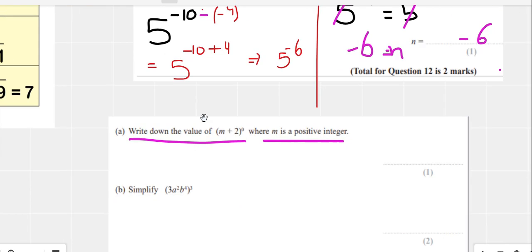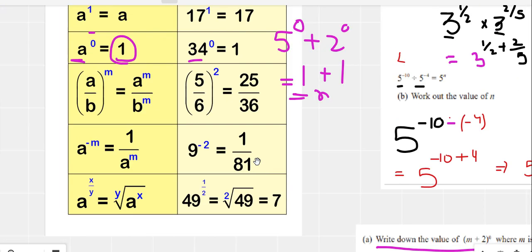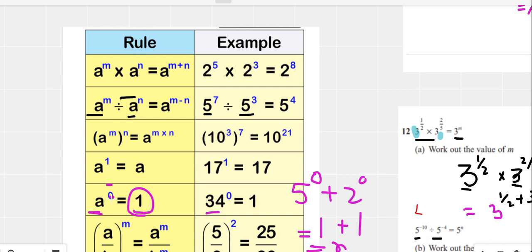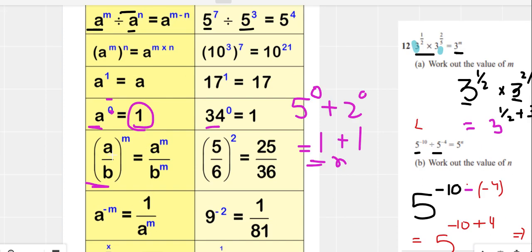Now if you look at this question, two things are here. A bracket is also here and a power is here as well. Like two rules in one question, in one step. So when we have a bracket, we open the bracket and distribute that power inside to each term, even if it's in the numerator or even if it's in the denominator of the fraction. So you can see here, when they have opened this bracket, this m will become the power of a, this m will become the power of b, 5 square and 6 square. That's why they got 36 here.